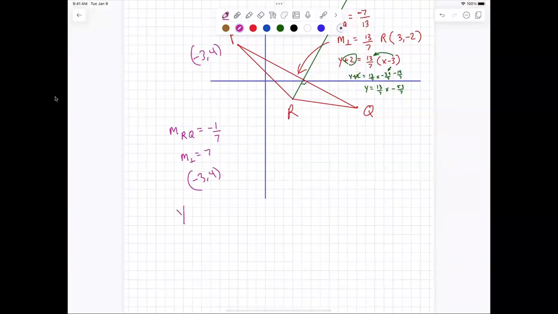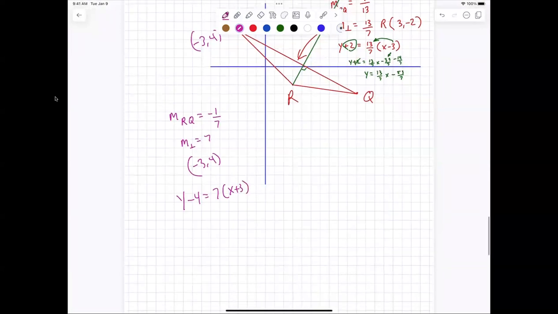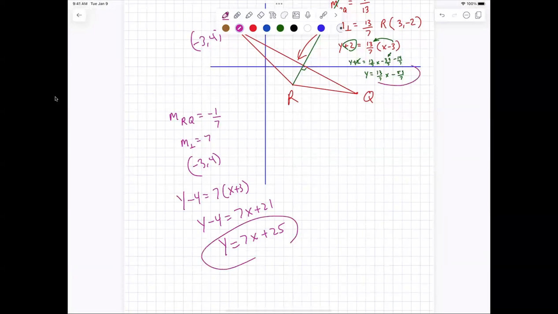So now y minus 4 equals 7 times x plus 3. Distribute. y minus 4 equals 7x plus 21. y equals 7x plus 25. Is everybody good on that? And then you just graph those two lines and find the point of intersection.